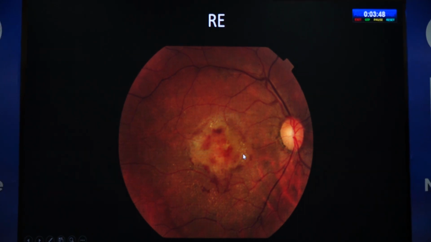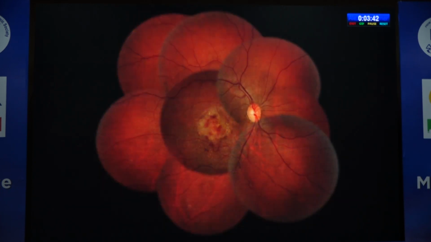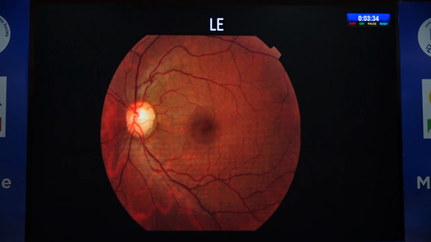Along with that, we can see some pinpoint hard exudates. The periphery of the fundus was normal. There was no evidence of any kind of vasculitis or anything of that sort. The other eye was normal, and I'll be sticking to the right eye for the rest of my presentation.